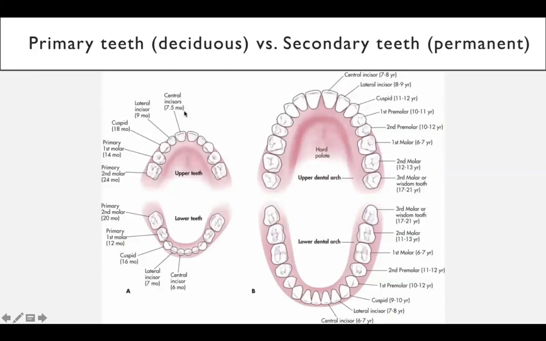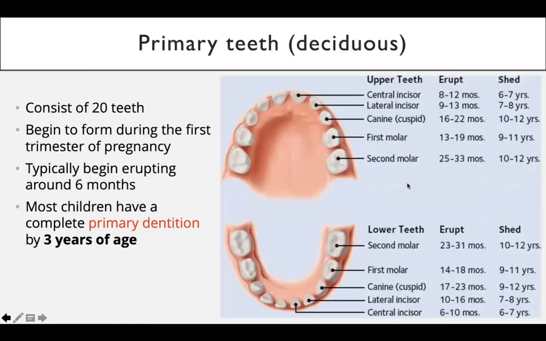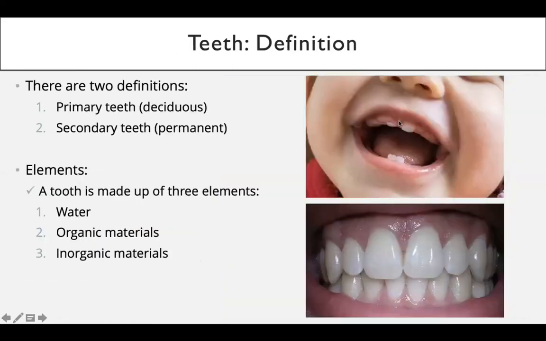So this is also a comparison between the deciduous teeth and the permanent teeth. Upper teeth, lower teeth. We have central incisors at 7.5 months. Why was it 6 months before? Oh, these are upper. Sir, these are upper. The lower were starting because the baby was smiling and his lower teeth were almost in, while the upper were still coming.